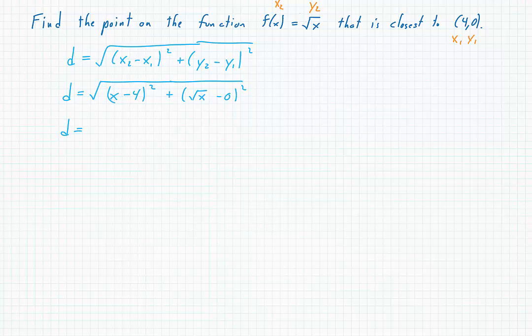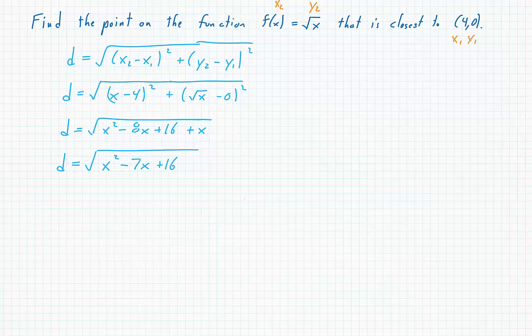So that says d is equal to the square root of x squared minus 8x plus 16 plus x when we do that. Or d is equal to the square root of x squared minus 7x plus 16.